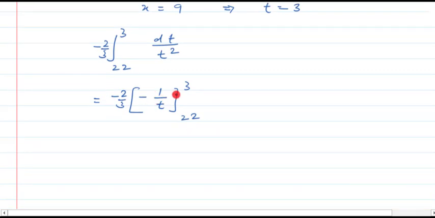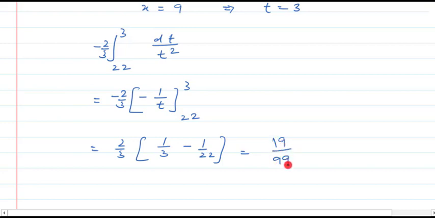Now applying the limits directly, we are getting 2 upon 3 into 1 upon 3 minus 1 upon 22, and simplifying this, we again get the same result, that is 19 upon 99. So you may use any method to simplify these questions in which we are using the substitution method of integration.